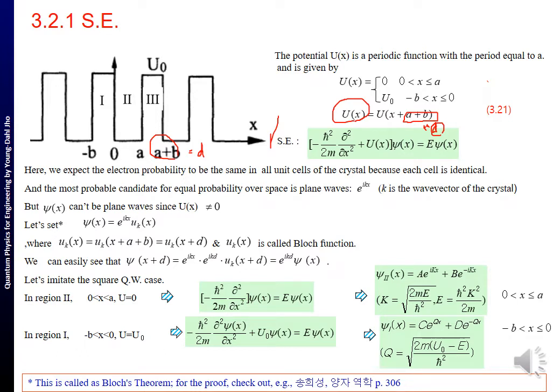So the range where we can discuss the potential shape is called the unit cell. So this scale a plus b is the unit cell. Actually, this is the concept of three-dimensional description of crystal.